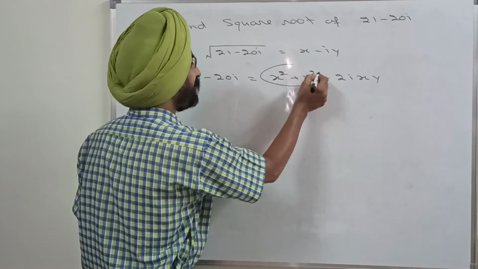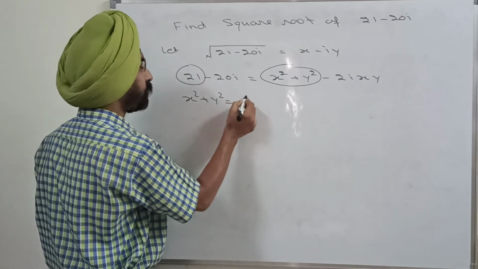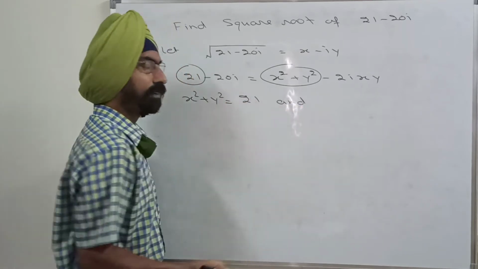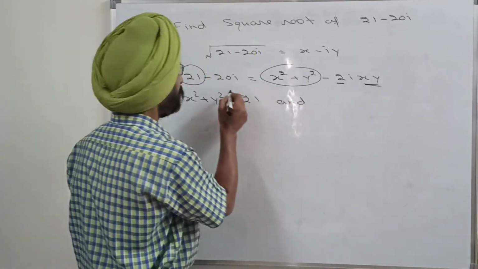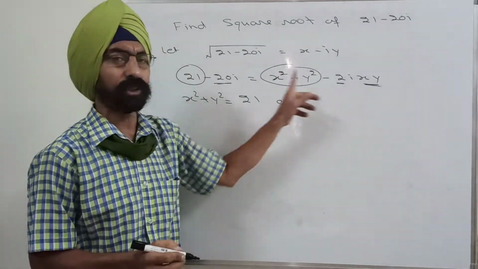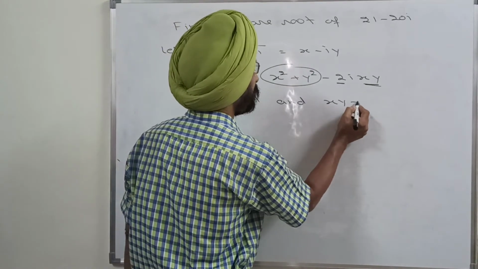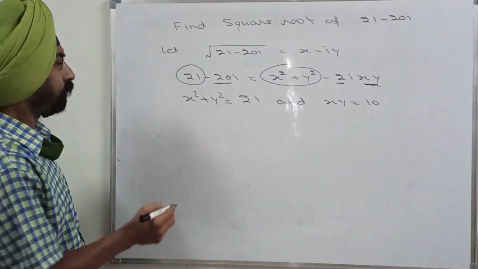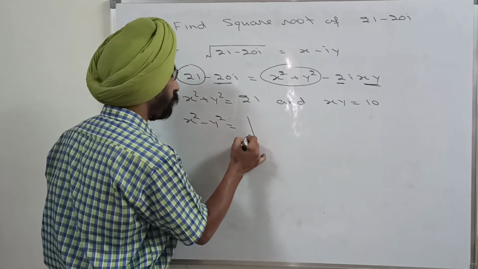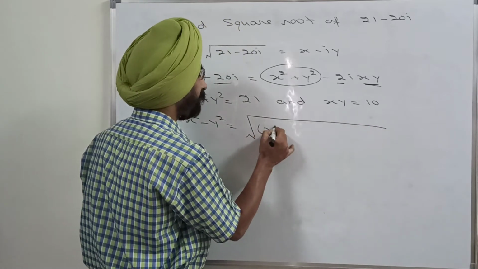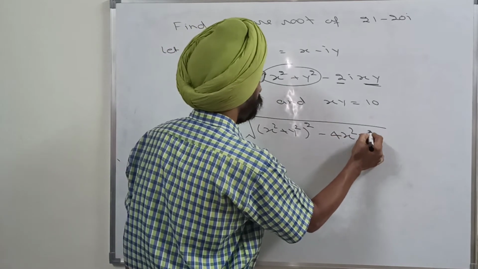The real part on the right hand side is x square plus y square, and when you equate imaginary parts, you will get minus 2xy is equal to minus 20, the minus cancels, the 2 also cancels, to give xy is equal to 10. Now we know a common identity that x square minus y square is equal to the square root of x square plus y square whole square minus 4x square y square.